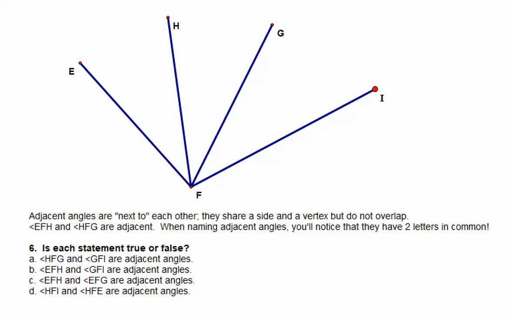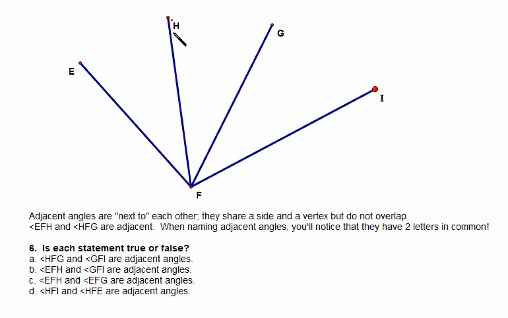In question 6, you'll determine, is each statement true or false? Let's look at A together. Angle HFG and angle GFI are adjacent angles. I'm going to trace those for you so you can see which ones they are.